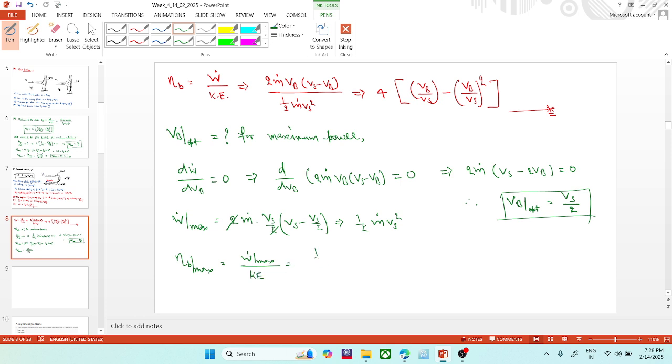We have the same value, half m dot Vs square by half m dot Vs square, so it cancels out. It implies that in the curved blade, the maximum efficiency could reach 100%, while in the flat plate case it was only 50%. So if we use the curved blade, the efficiency could reach up to 100%.